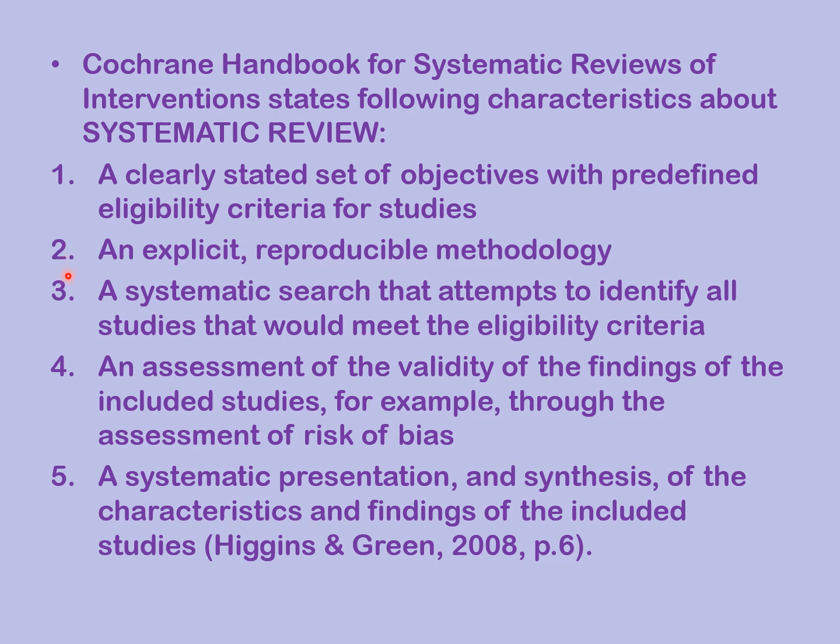The second point means that the methods are clearly structured and documented to allow the review to be replicated by others. Third point, it means that a thorough search is conducted in various search engines to identify all the relevant studies that meet the inclusion criteria.